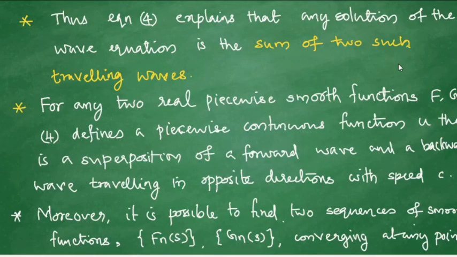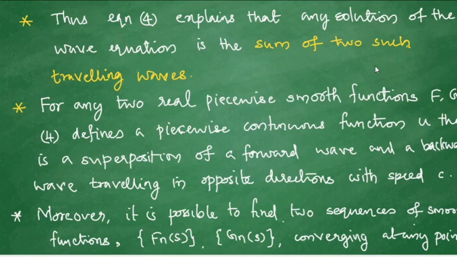Now we'll discuss the case when the two functions f and g are piecewise smooth functions. Piecewise smooth functions are functions which are continuous on different intervals, with only a finite number of discontinuities, which are jump discontinuities.